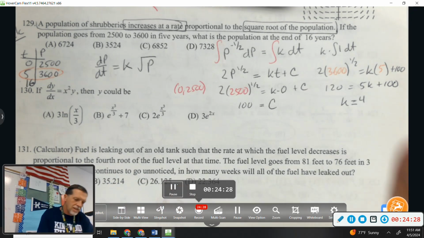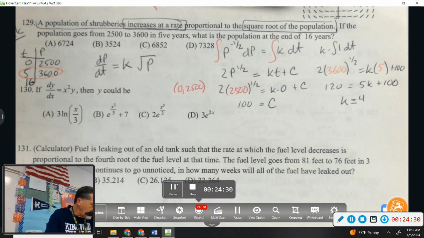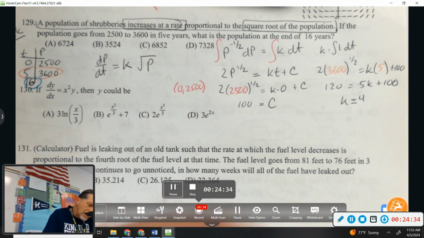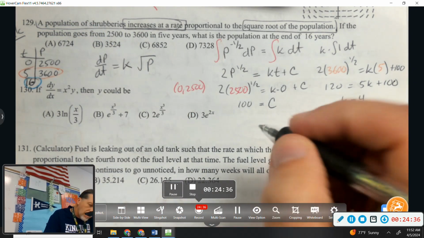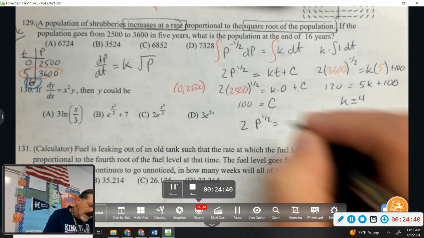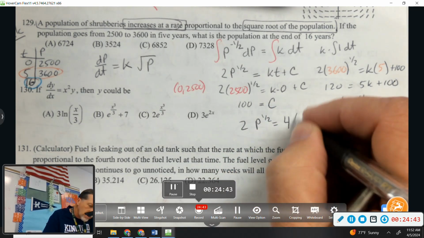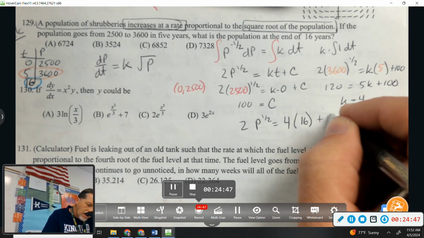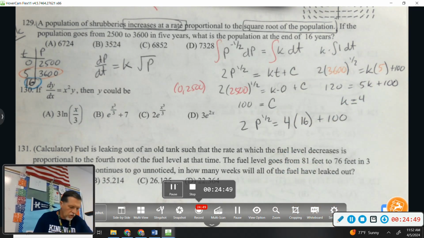And now I want t to be 16. So 2 root p, I don't know, k is 4, t is 16, C is 100. Surely this is a calculator problem.